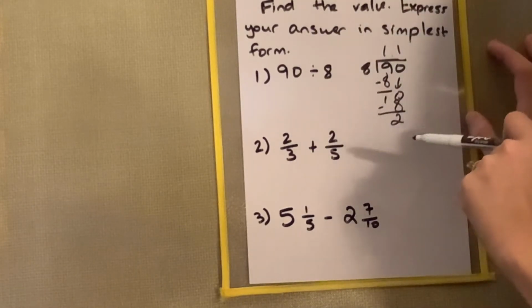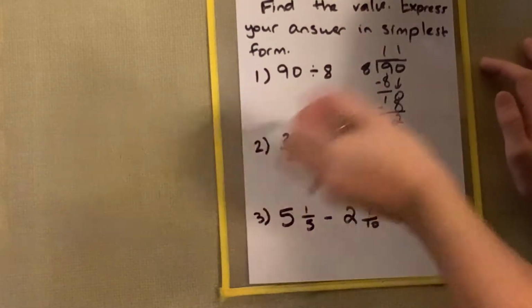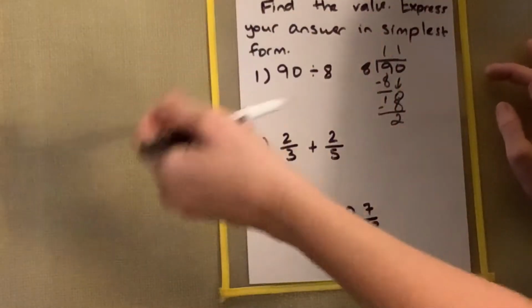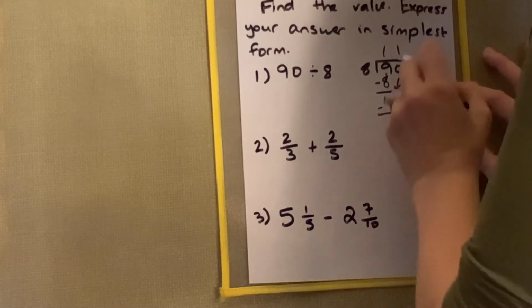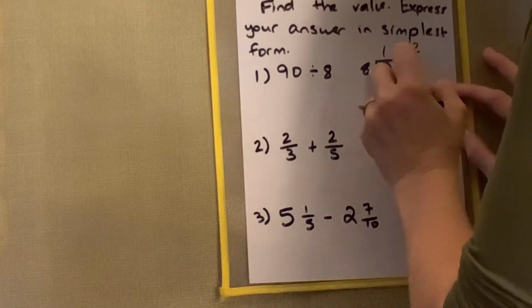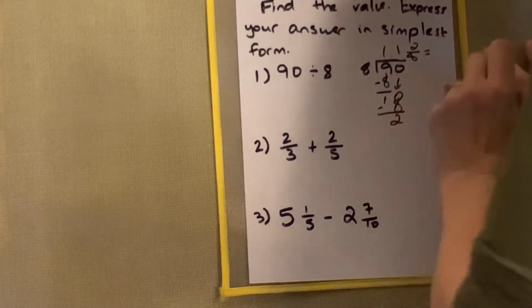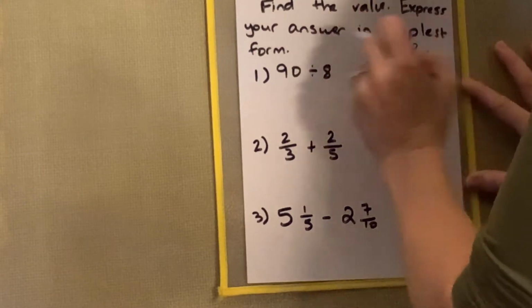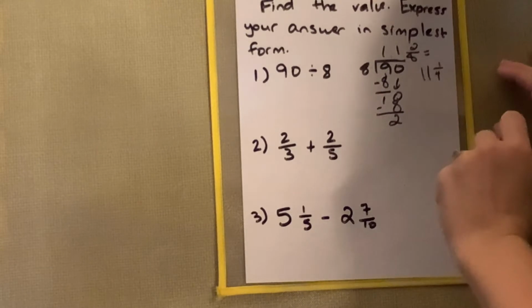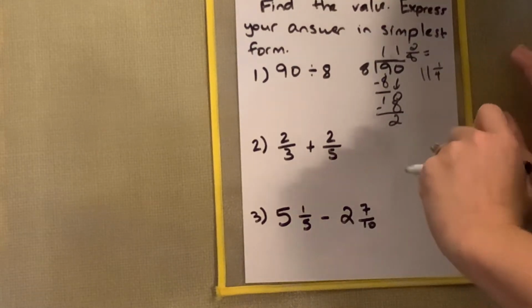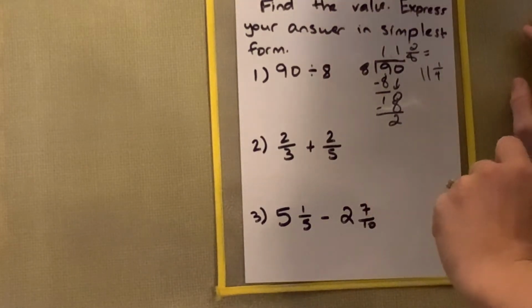So we have 11. With decimals, we can add a decimal point and bring it down, but we're not going to do that. We're going to go back to our old way of expressing this as a fraction over the divisor. So 11 and 2/8. But remember, in simplest form, we can simplify this to 11 and 1/4. So our answer for number 1 should be 11 and 1/4.